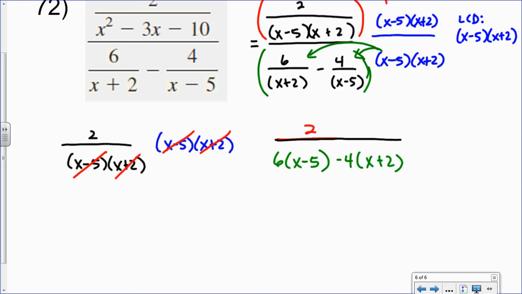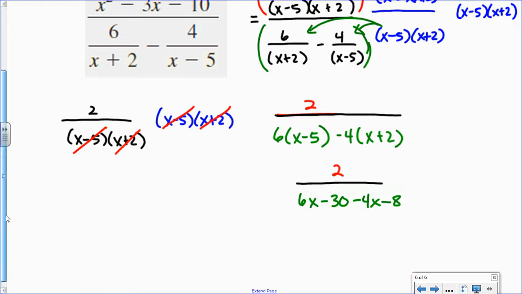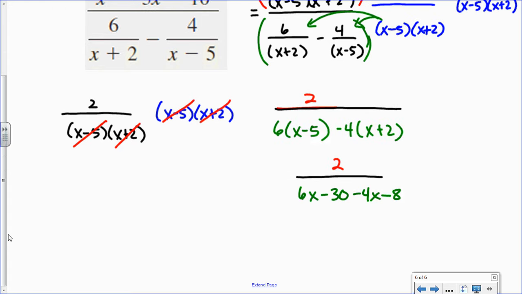Okay, so what I did is I took this crazy fraction and I got it down to this. So I have 2 over, hang with me, 6x minus 30 minus 4x minus 8. Okay, so 2 over 2x minus 38.